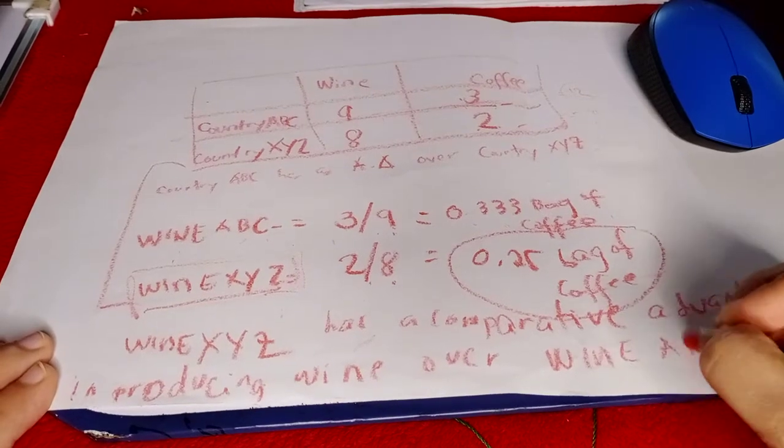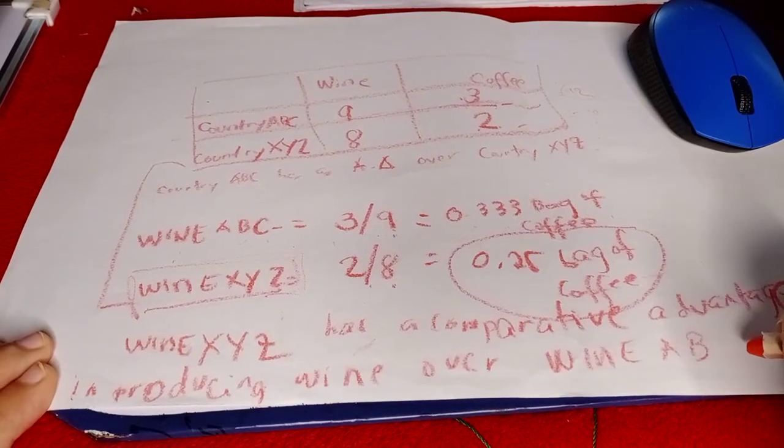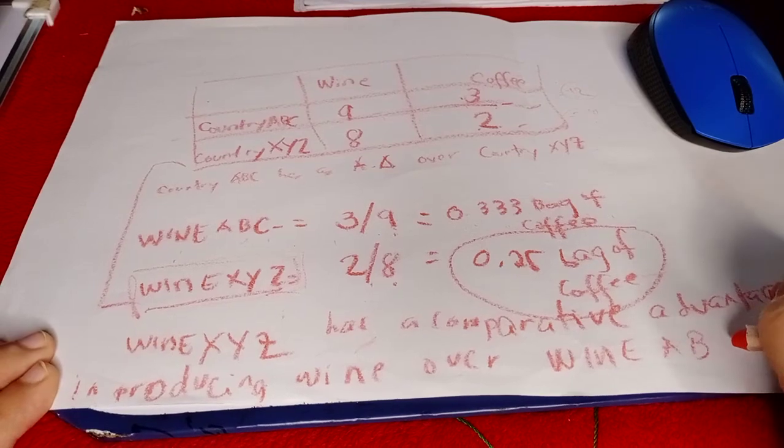So in this case, XYZ has more wine than ABC.